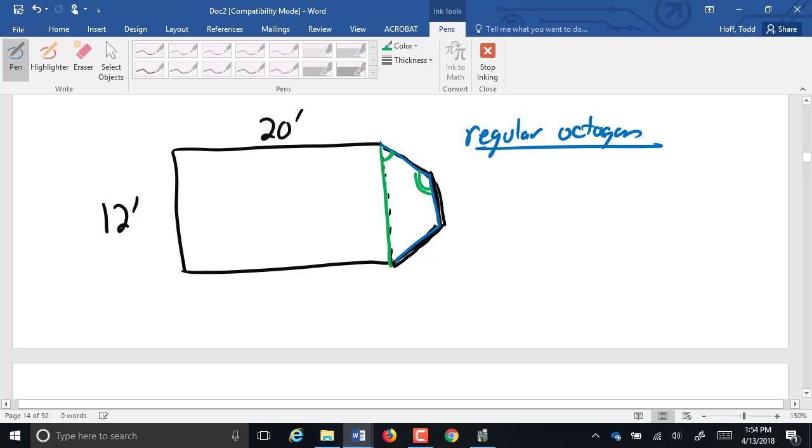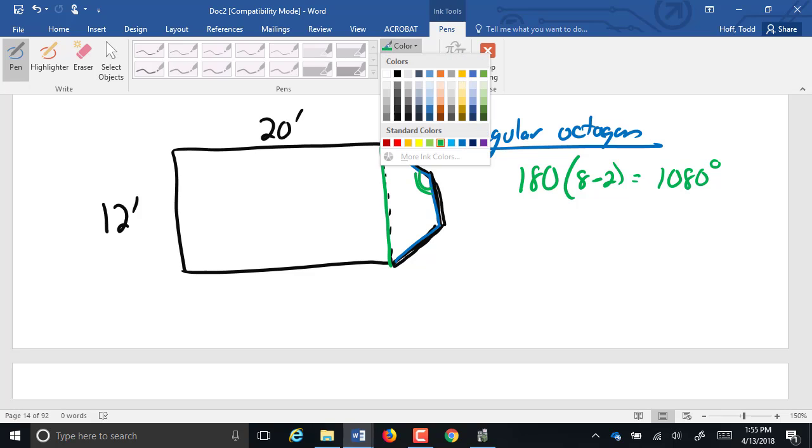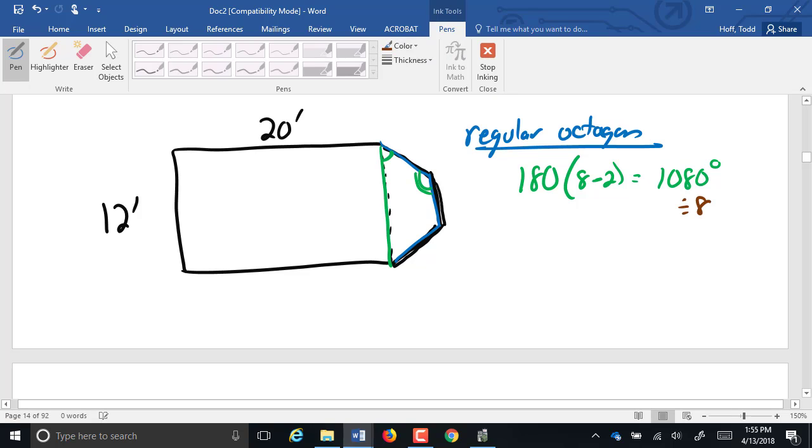What is the angle of a regular octagon? 180 times 8 minus 2, right? Otherwise known as 1,080 degrees. That's the angle sum. If I divide that by 8, I get 135 degrees. Each angle here is 135 degrees.